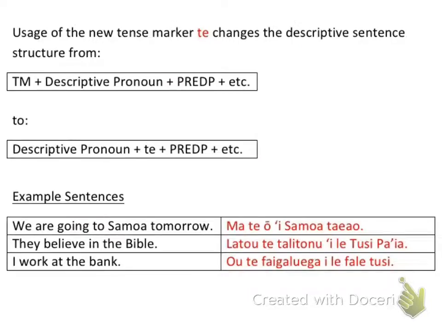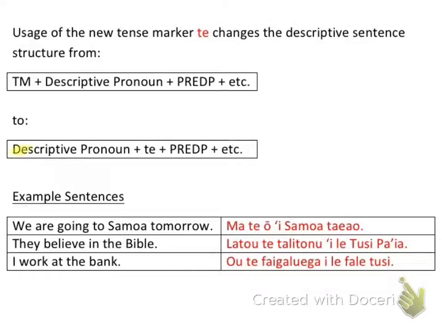So on this slide, we learned the new sentence structure. Usage of the new tense marker te changes the descriptive sentence structure from the old version, used for every tense besides the habitual or non-past tense, to this when I want to use the habitual or non-past tense.